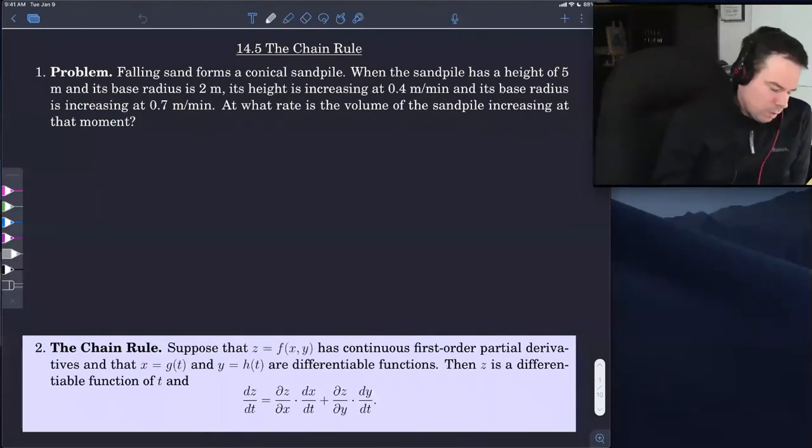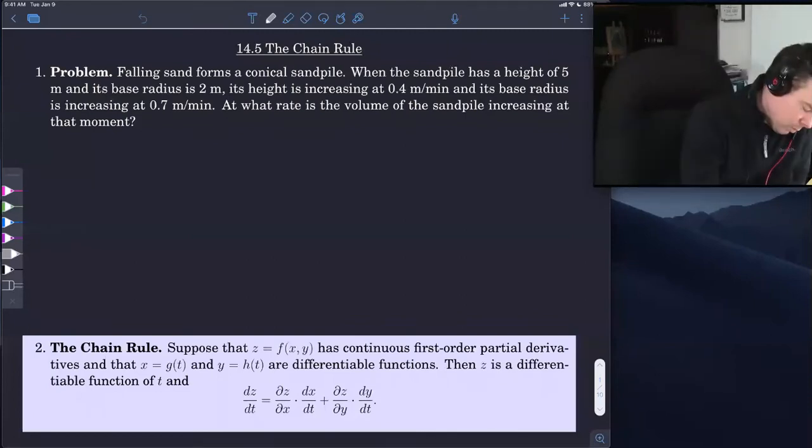Falling sand forms a conical sand pile, where the sand pile has height 5 meters, base radius 2 meters, and its height is increasing at a particular rate, while at the same time its base is increasing at a particular rate. So the idea here is we've got sand being poured out of some spout, let's say.